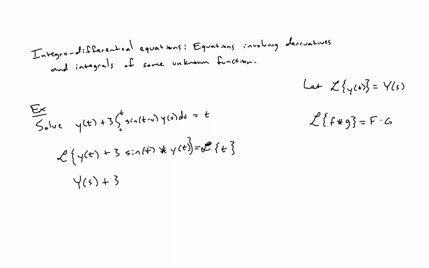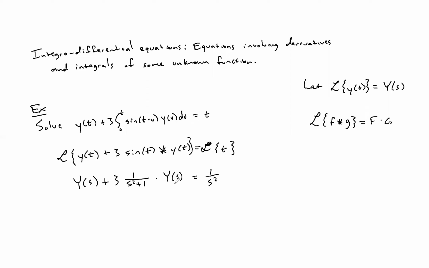And we know what the Laplace transform of sine of t is from our table. It's 1 over s squared plus 1 times the Laplace transform of y of t, which we're calling capital Y of s. We also know the Laplace transform of t, again, straight from our table. The Laplace transform of t is 1 over s squared.